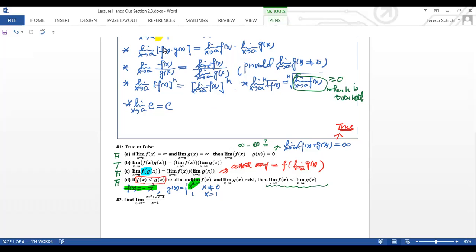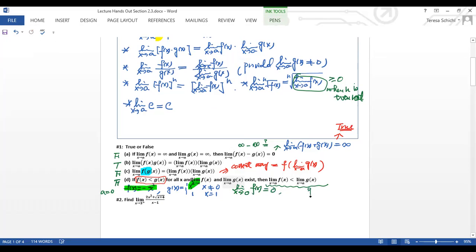Okay, but now let's take a look at what happens to the limit as x approaches a. So let a equal 0. When x approaches a, what is f(x) going to approach? It's negative 0 squared, so it's 0.